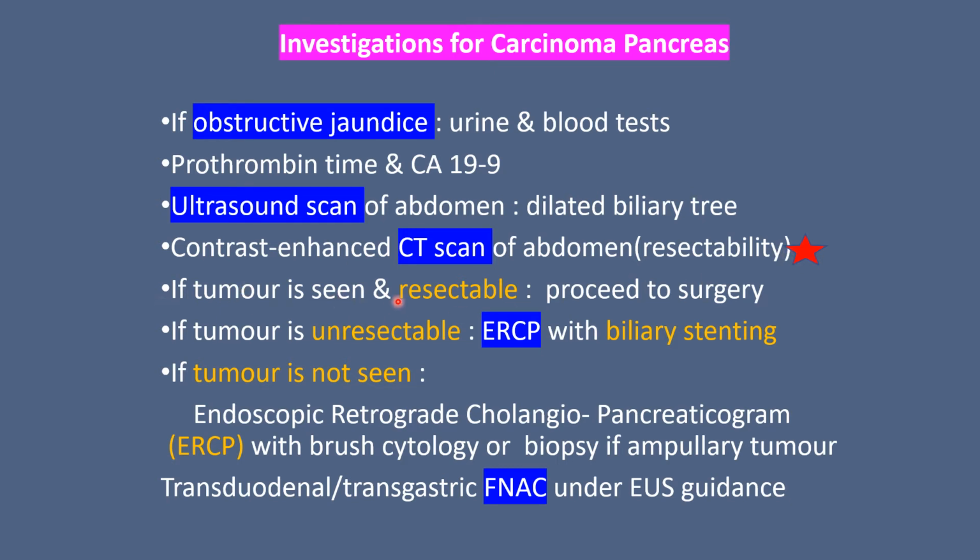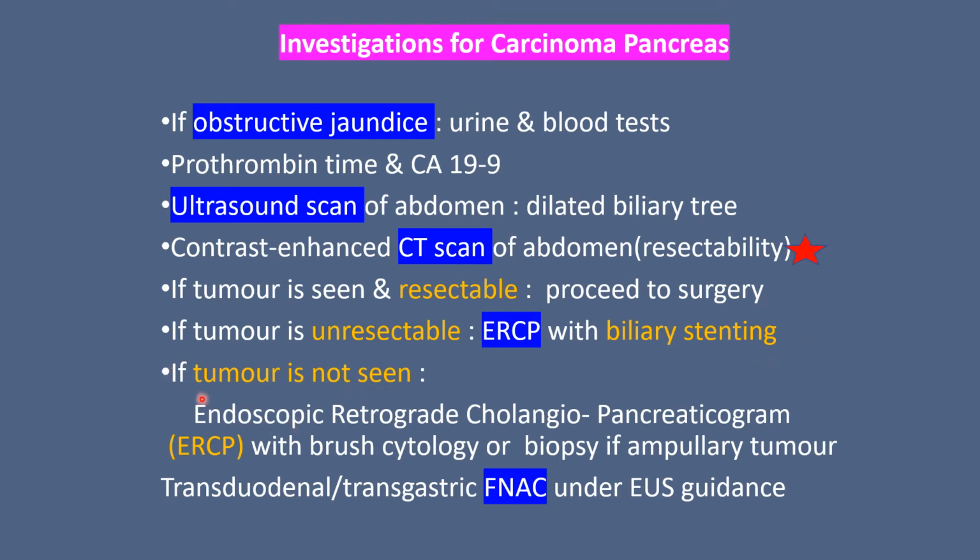If the tumor is resectable, then the investigations conclude there, and the patient can proceed to definitive surgery. If the tumor is unresectable, then an ERCP is done with biliary stenting as necessary.